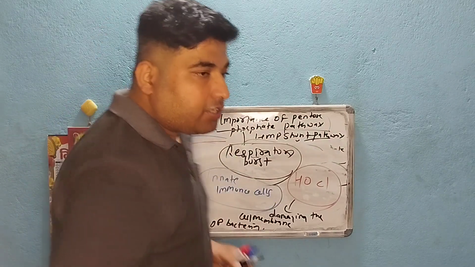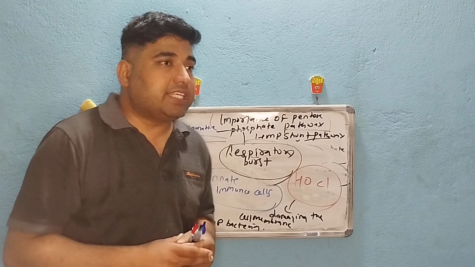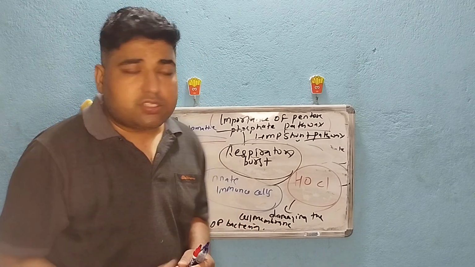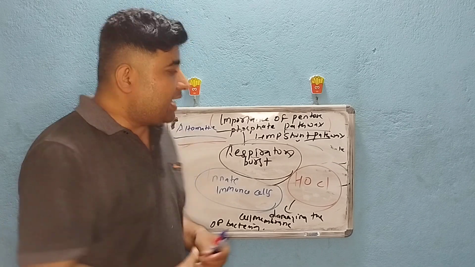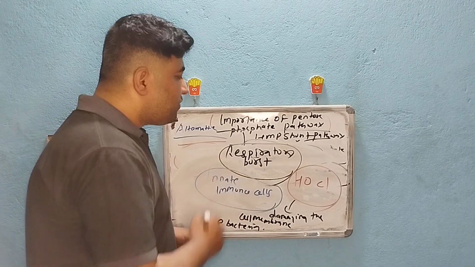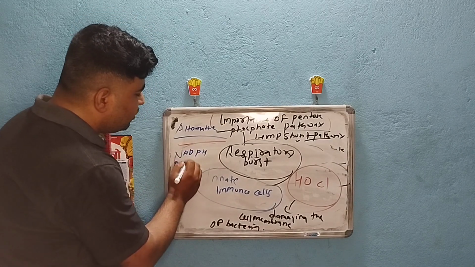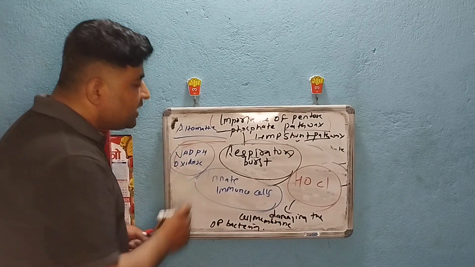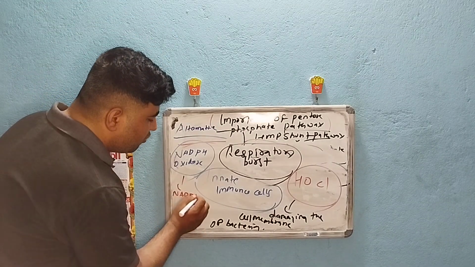So the respiratory burst is activated in neutrophils or innate immune cells during invasion by foreign organisms. During this process there is an enzyme called NADPH oxidase, which requires NADPH as a coenzyme.